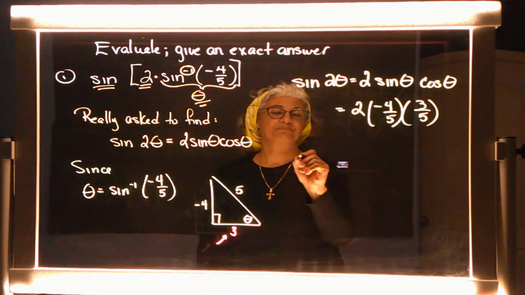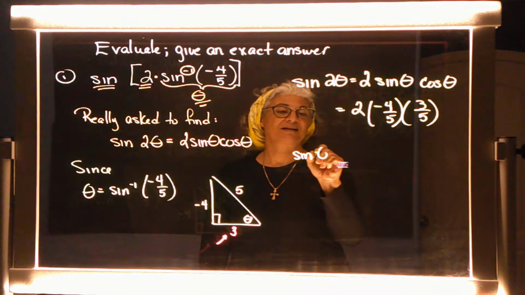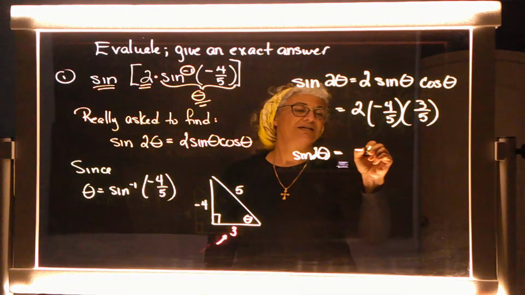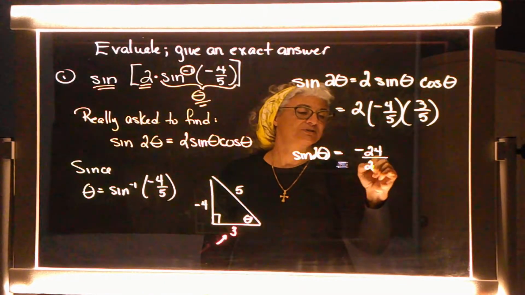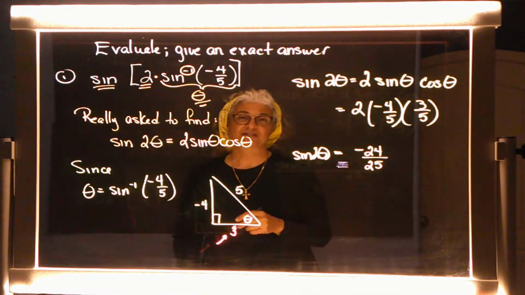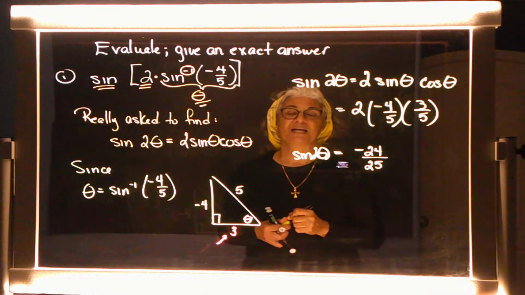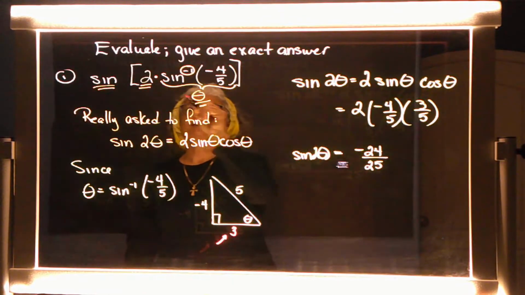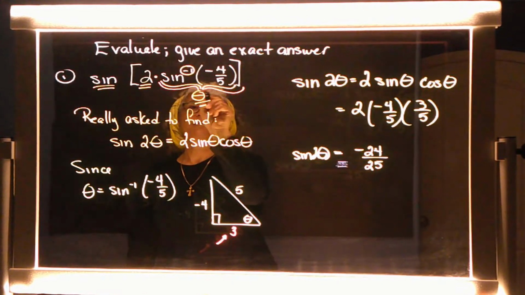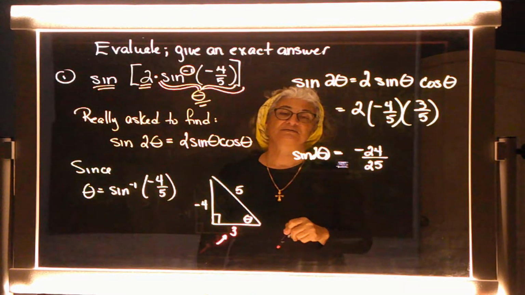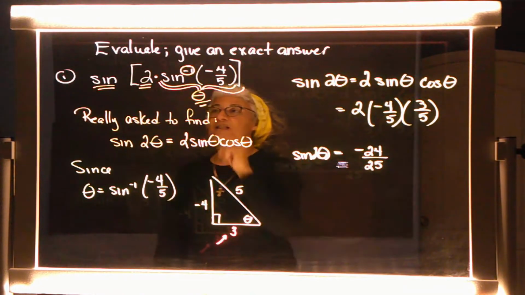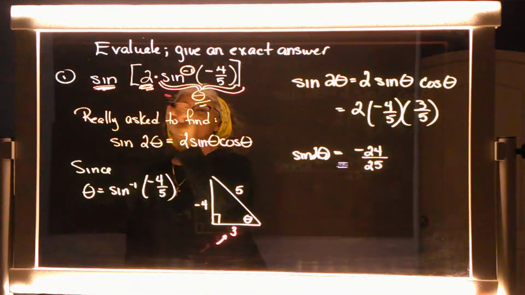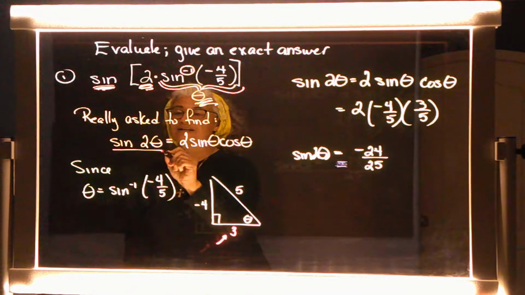Agreed? Which means the sine of 2 theta is equal to negative 24 over 25 after you multiply these fractions together. What was the key here? The key here was actually understanding this part and realizing that was an angle. And once you knew it was an angle, then you knew you were finding the sine of 2 times the angle, the sine of 2 theta.